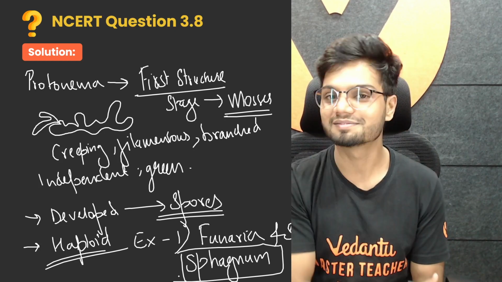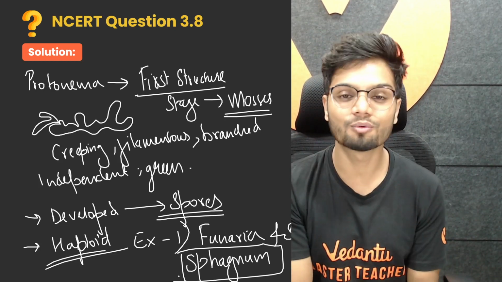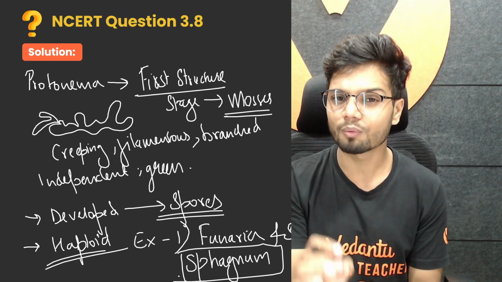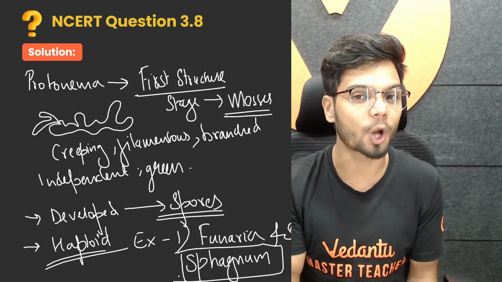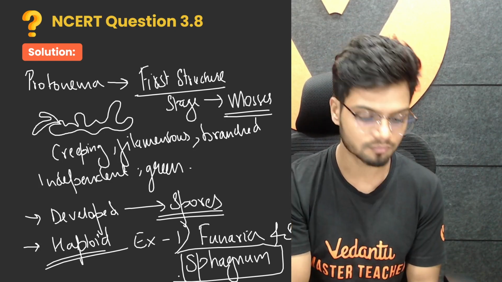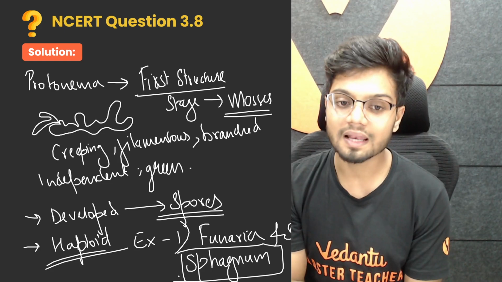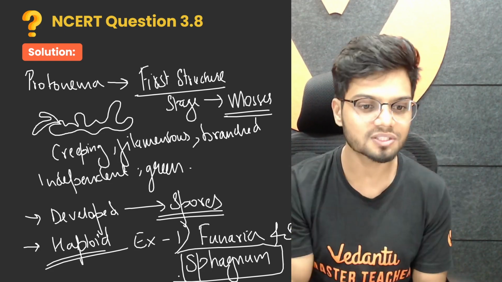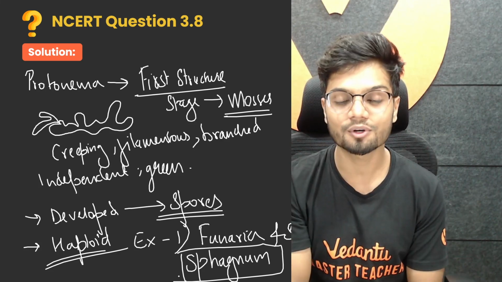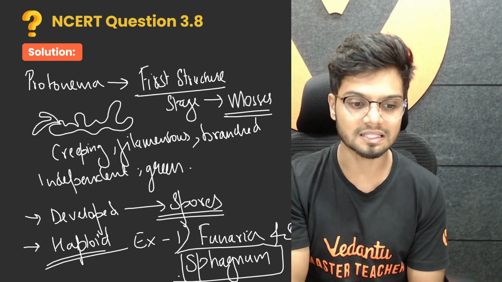It starts from P. Let's see how many of you know the common name of Sphagnum, and also comment down if you know what exactly is the use of it. What is the economic importance of Sphagnum? Clear? Well, that is your protonema. It is the first stage in the life cycle of your mosses. A creeping, filamentous, branched structure, which is independent because it does photosynthesis.